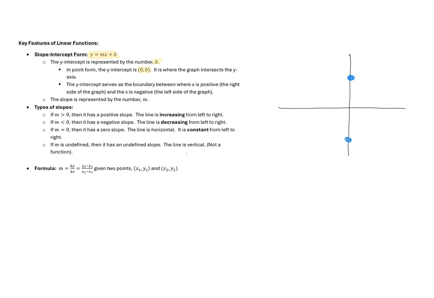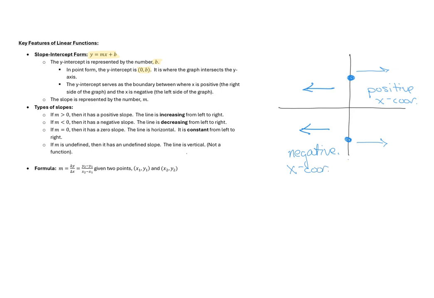But the important thing is all of the points over here have positive x values, and all of the points that are on the left side of this line have negative x values, or x coordinates.